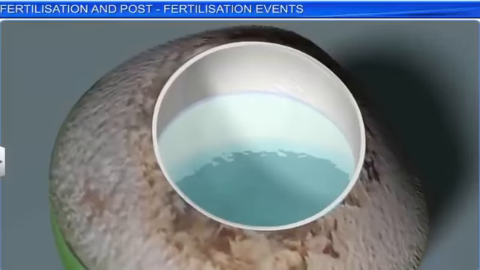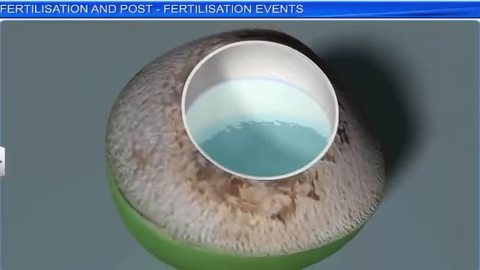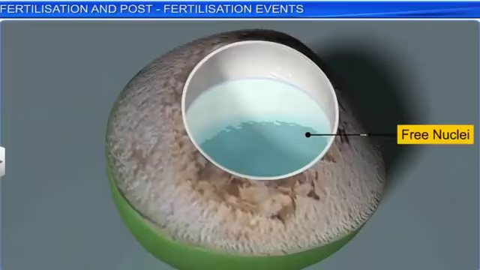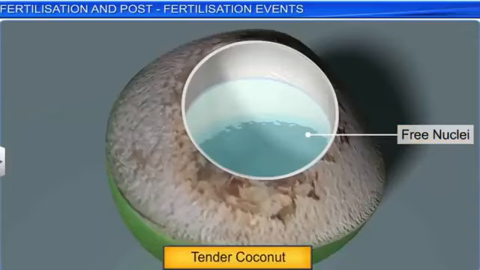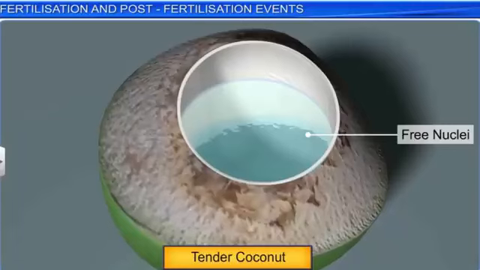Interestingly, the number of free nuclei formed prior and post-cellularization differs greatly. Take the case of a tender coconut fruit, where the coconut water that you see is actually thousands of free nuclei.